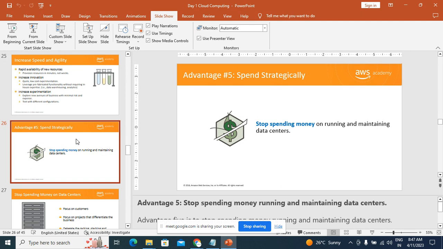So when you're working on AWS, you need not buy 100 servers for 30 days. You can have some strategy. For example, today I will need only 50 servers, so you only spend strategically. That means you pay only for the 50 servers.